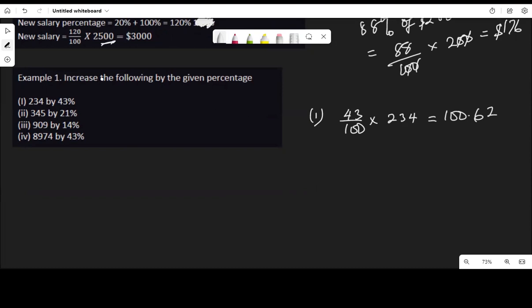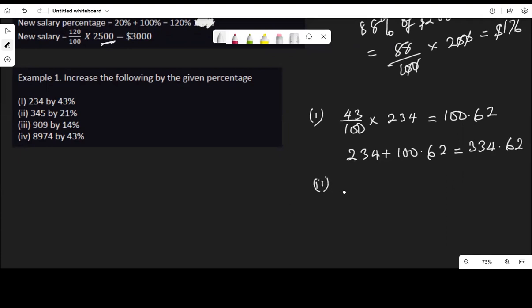But the question says we should increase the following by the given percentage, which means we are going to add this value to the original value. 234 plus 100.62. That will be 334.62.